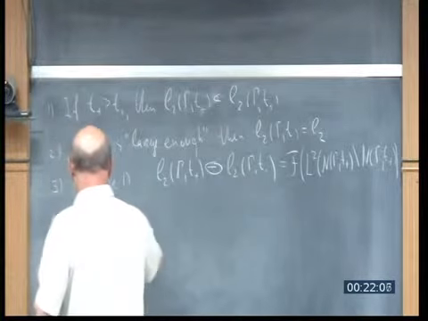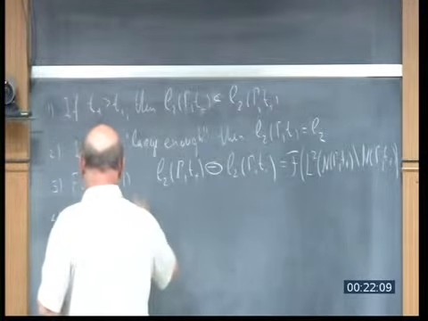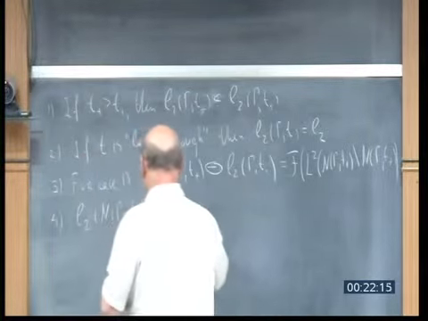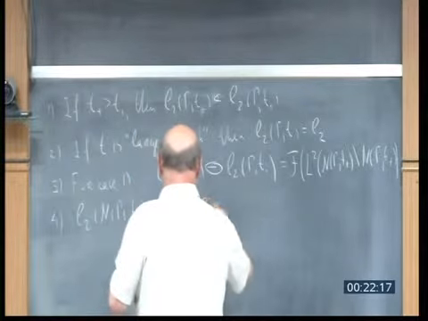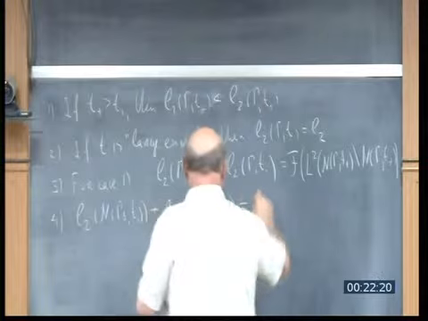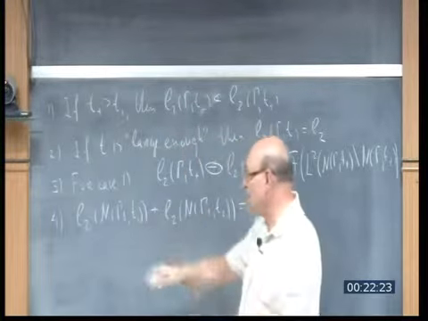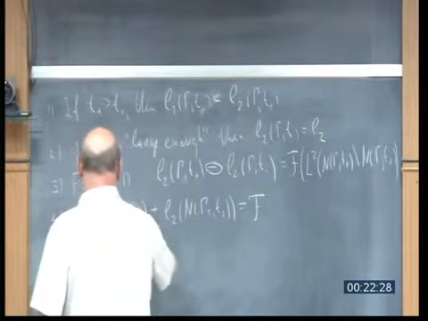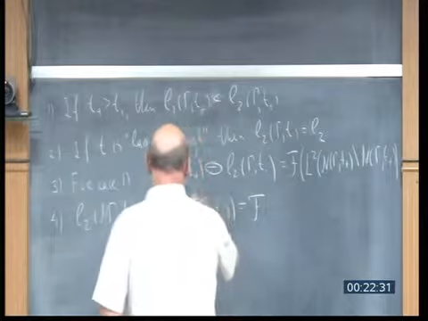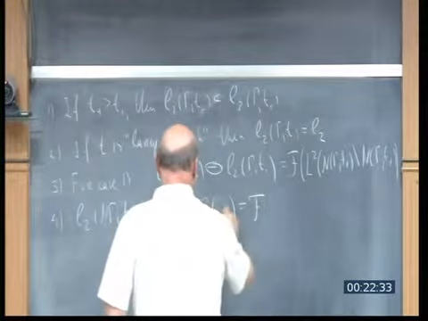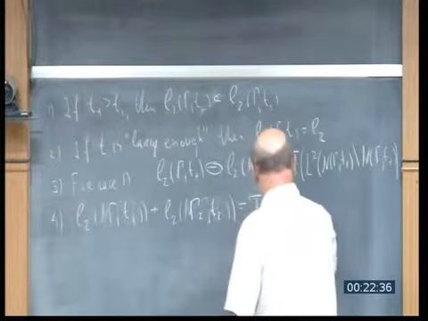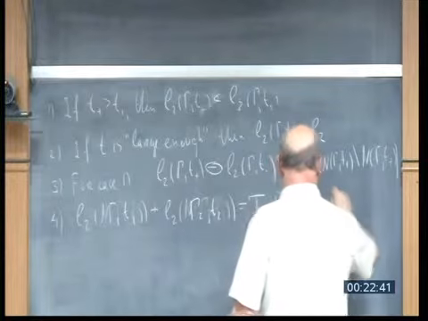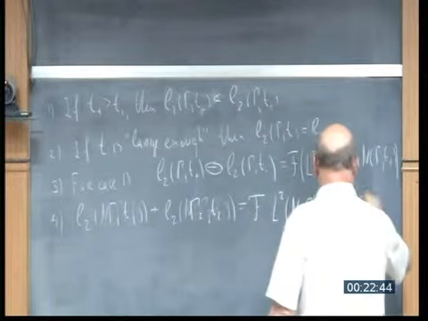L2 of N gamma 1 T1 plus L2 of N gamma 2 T2 will be the Fourier transform of the union N gamma 1 T1 union N gamma 2 T2.